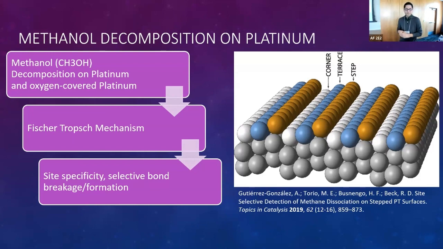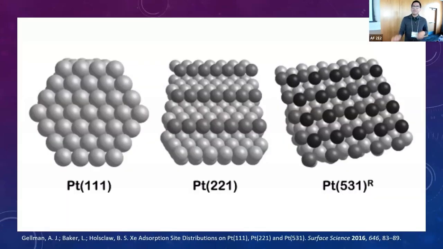And for our catalyst, we're using platinum. Platinum has been a pretty interesting catalyst because, as we mentioned, some surface science studies have shown that on platinum 111, which would just be a flat surface, if you bring methanol onto it, the surface would theoretically be more likely to break CH bonds on the methanol.